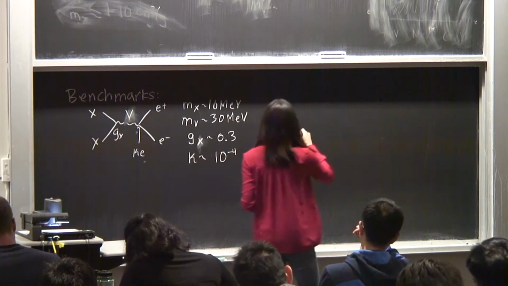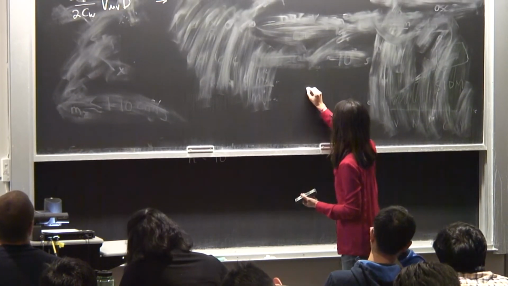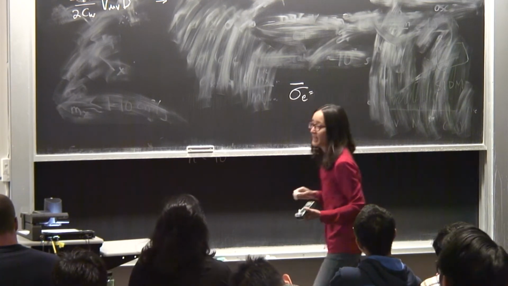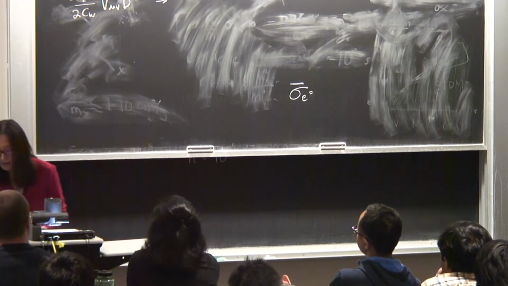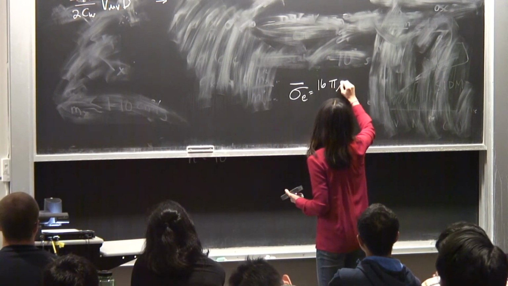There's a definition I want to make of a direct detection cross-section for scattering with electrons. And I'll motivate this definition a little bit more when we get to direct detection.